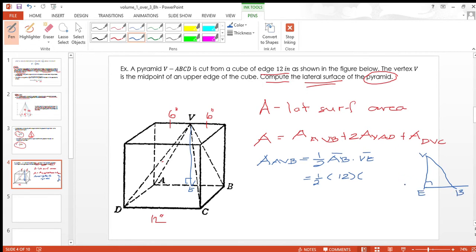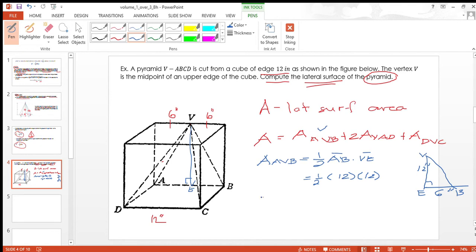What lengths do we have there? This is given to be 6 inches. I'm just isolating so that you will see it. Isn't it that this is just equivalent to the edge of the cube? Therefore, this must be 12 inches. So we now have the area of triangle AVB.